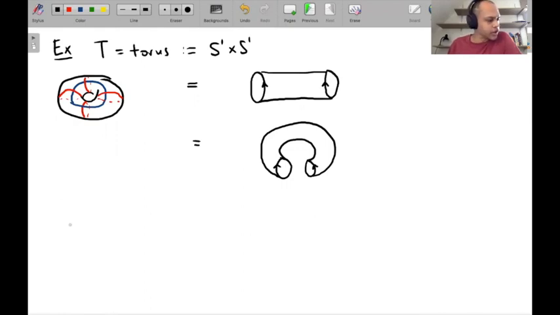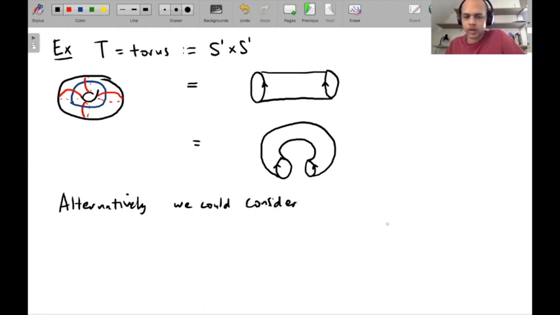But here's an interesting twist. There's a different way to start with the annulus and to glue the two circles. So alternatively, we could consider, let's draw it this way. The annulus where now I glue in this way.